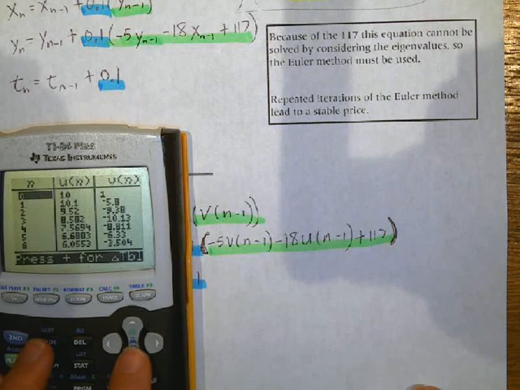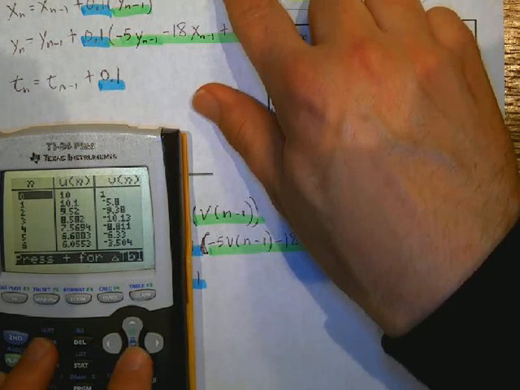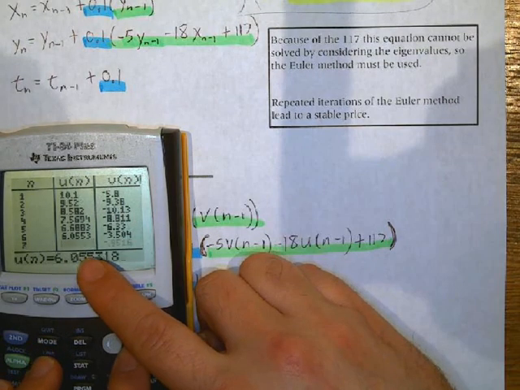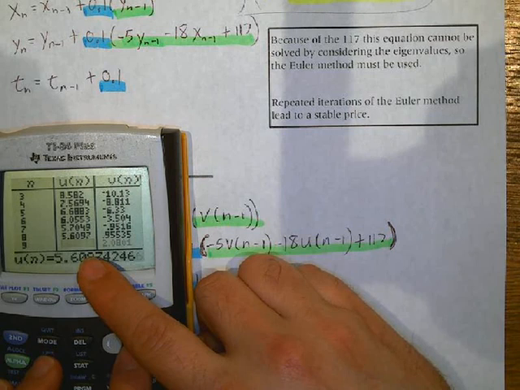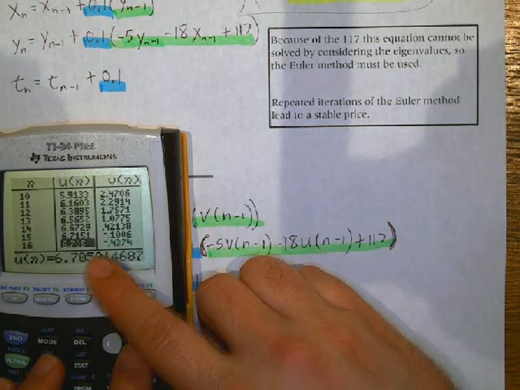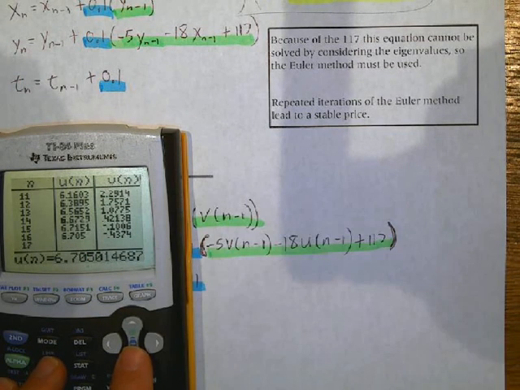So x is the price, right? If I look here, you can see the price seems to fluctuate, but it seems to be kind of leveling off at 6 something.